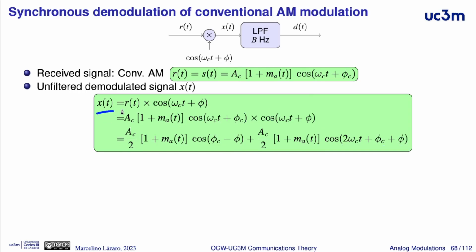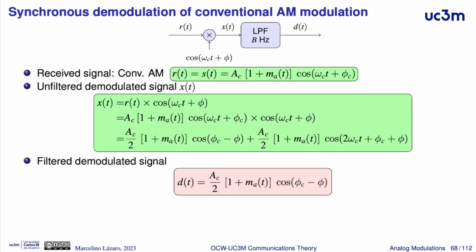This signal x of t is then filtered with a low-pass filter with the bandwidth of the modulating signal. And this filter will eliminate the terms whose spectrum is centered at 2 times the carrier frequency, the terms related with this cosine here.